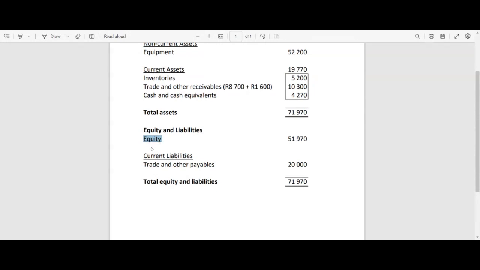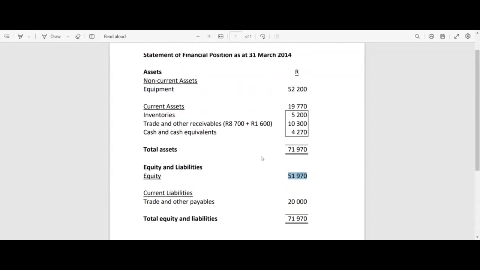Then you've got your equity section and your non-current liability section, if you had any, which we don't, and then your current liabilities section. But I still would prefer you to then, below equity, indicate there that this is owner's capital. And that is the amount that we've transferred over from our statement of changes in equity, right? You remember we saw that amount less than 2 or 3 minutes ago.